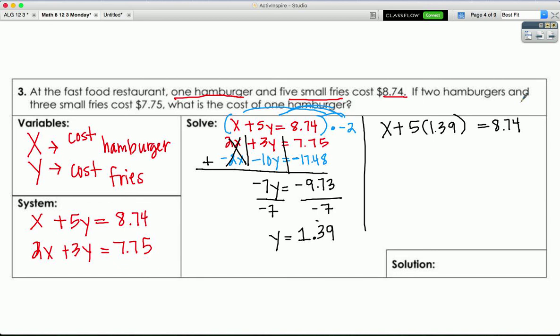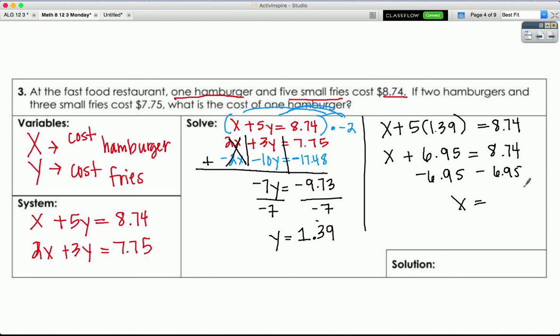So Chris, what's 5 times 1.39? 6.95. Okay. And then we subtract 6.95 from both sides. We get our actual answer. 8.74 minus 6.95. That's what we're waiting on.